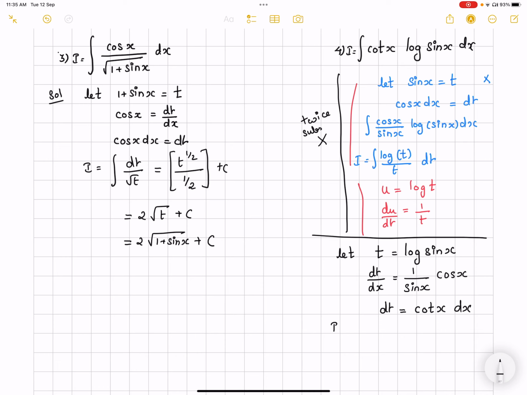Now have a look at how my integral is getting changed. It becomes t dt, and you know the integration for t, which is t squared by 2 plus c. What is t actually? It is log sin x, the whole square, and 1 by 2 we have, plus c. That's it.